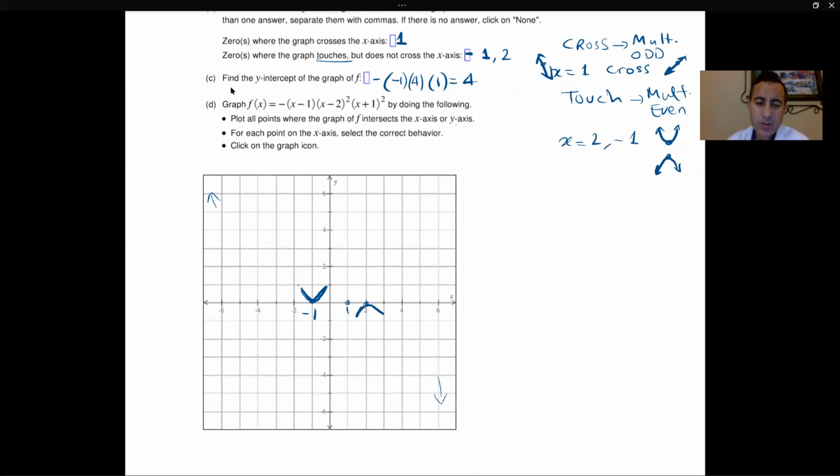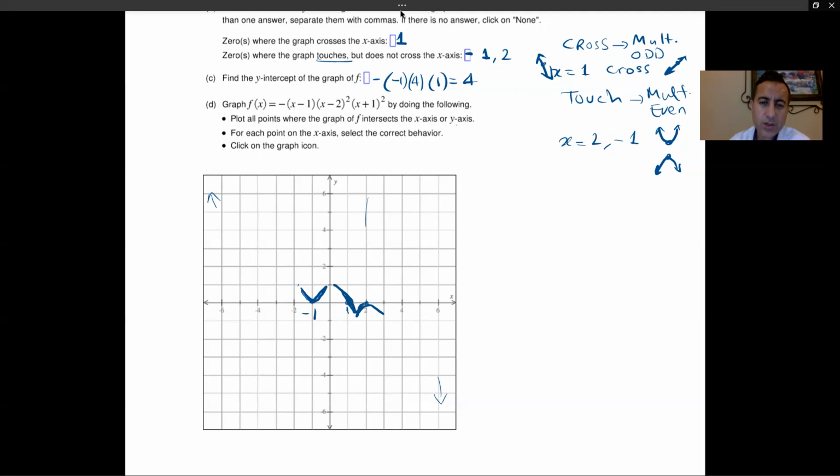Then now this will clear up 1. For 1, it crosses, so it looks like it should cross this way, because if I put it here, then it doesn't. So these are the ones you're going to select, right? And that's it. So if we want to graph after this, it's going to turn.